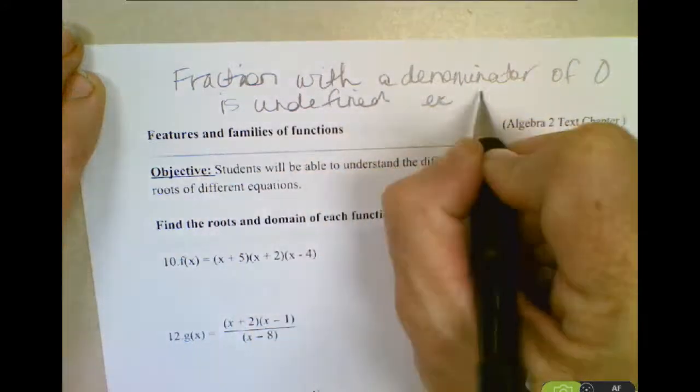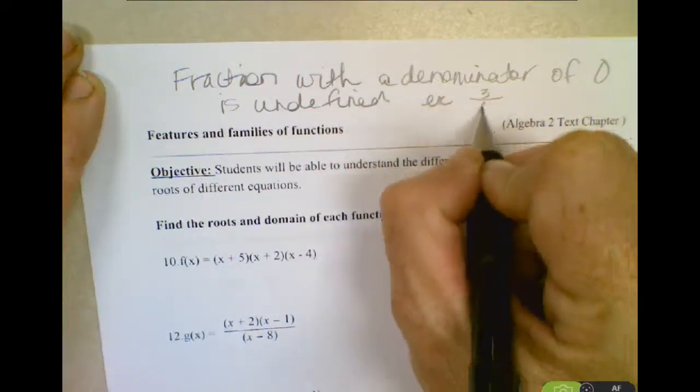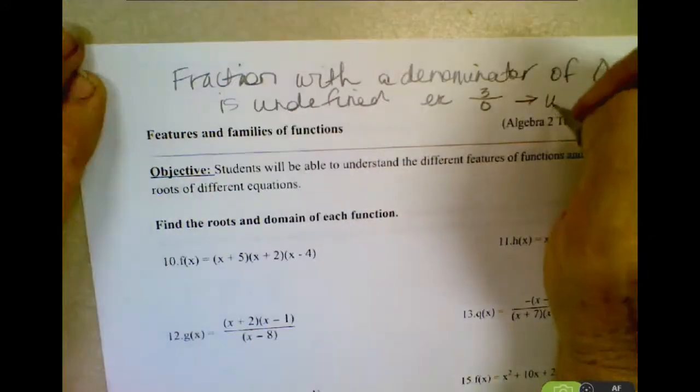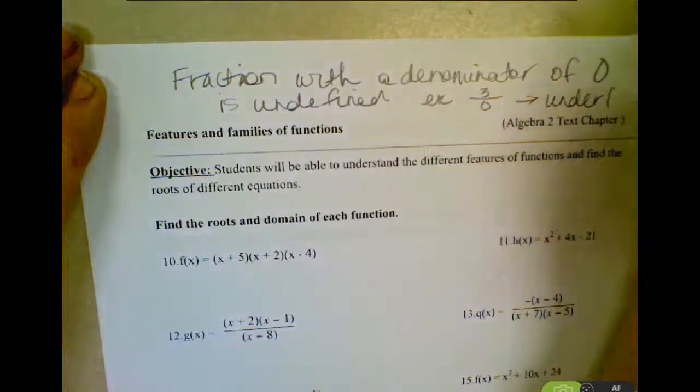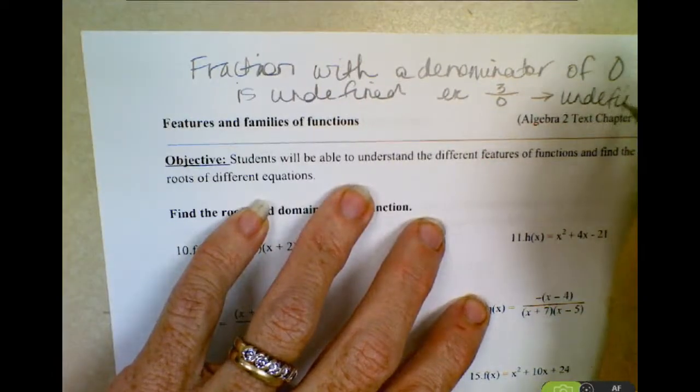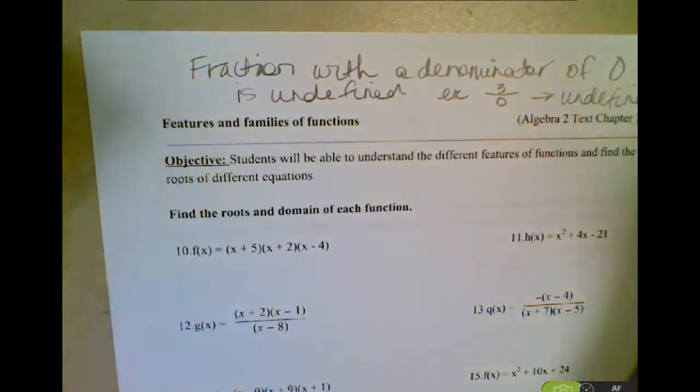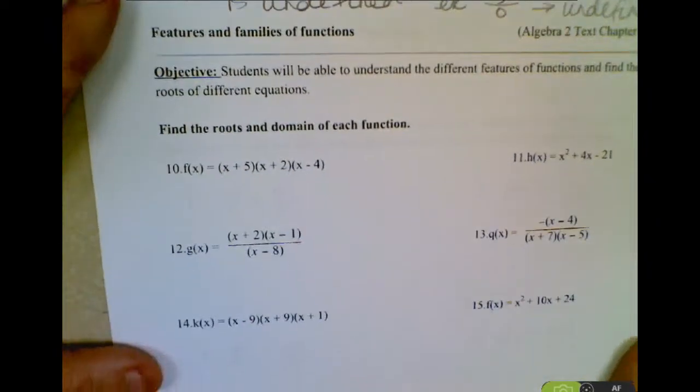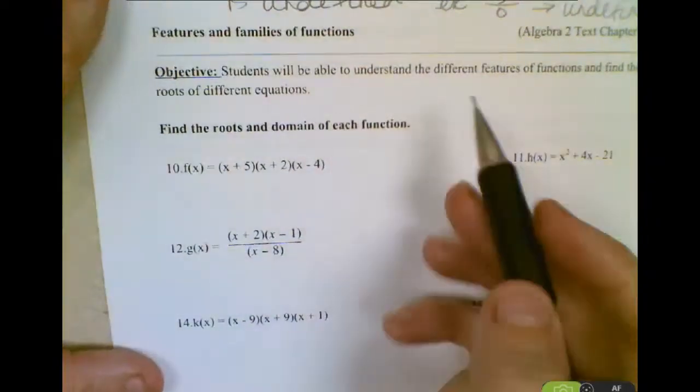So for example, if you have 3 divided by 0, that is undefined at that point. You cannot divide by 0. That's a key thing in rational expressions. So the roots of each function and the domain of each function.